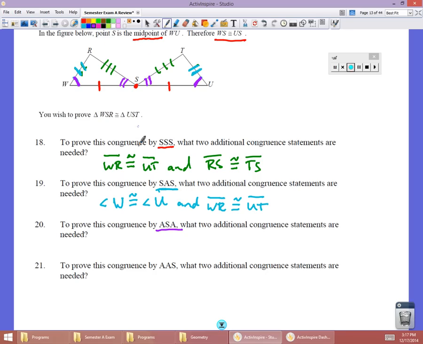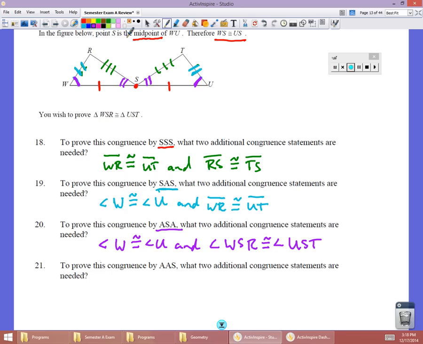So we're going to use three letters in order to name those angles. Now for W and U, there's only one possibility each, so we can use one letter for that one. So we're going to write angle W is congruent to angle U, and angle WSR is congruent to angle UST.